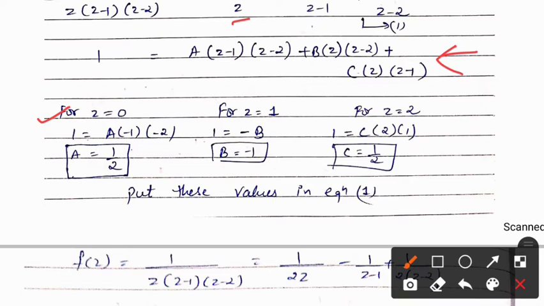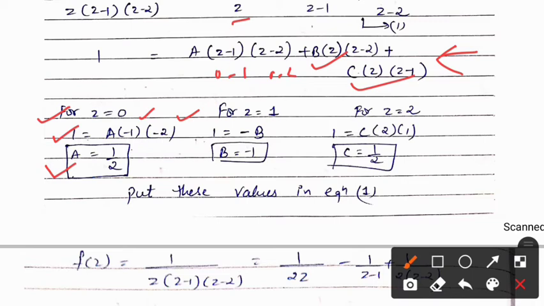If I put z equal to 0, then the last two portions will be 0, and I get 1 into 0 minus 1, that is minus 1, and 0 minus 2, that is minus 2. On simplifying this, I get the value of a equal to 1 by 2.